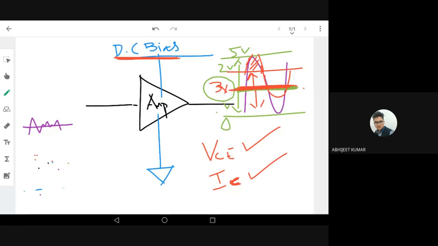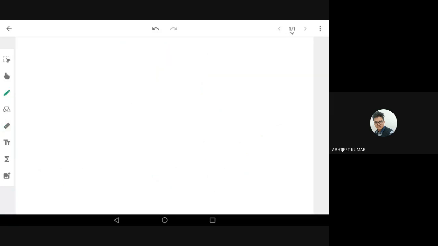Now we'll see how we are going to fix this transistor operating point. Yesterday we discussed the circuit, the most simple type of circuit. It's called base bias, because we have a simple base resistance RB.